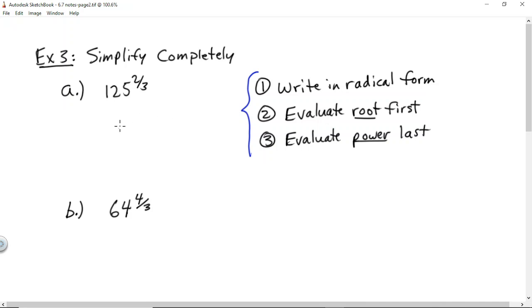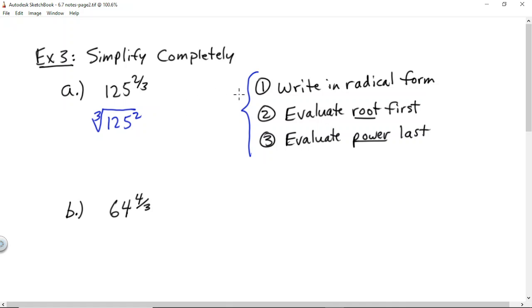Okay, so we first write this in radical form. The index is 3 because that's the denominator, and the power is 2 because that is the numerator of the fraction.